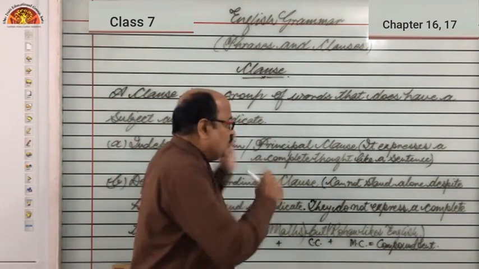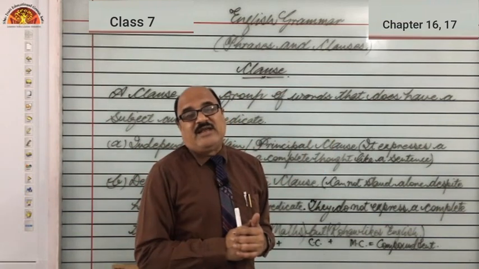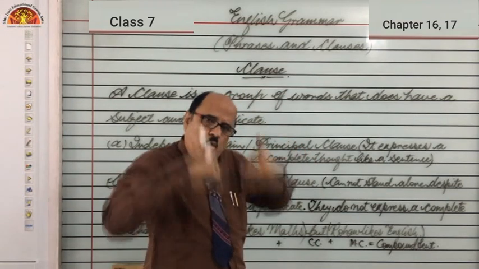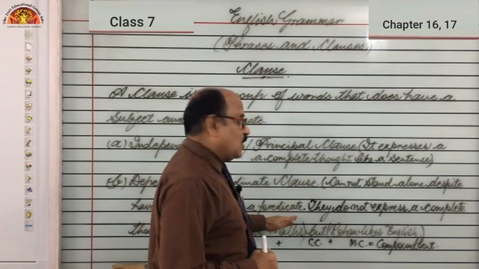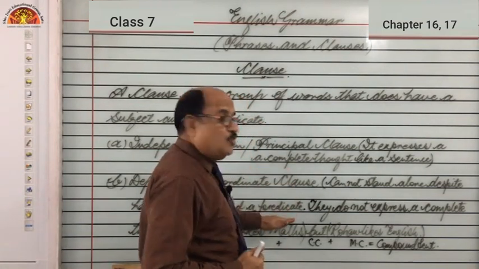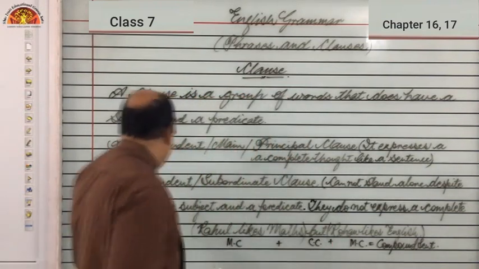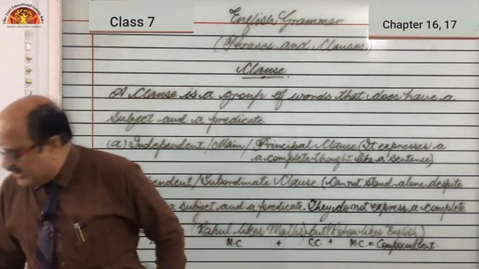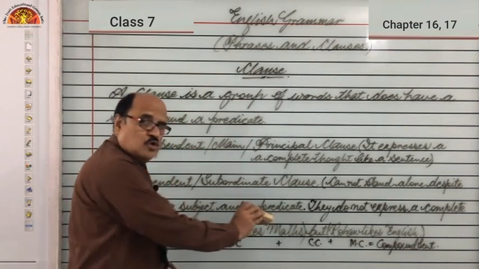No problem, they do have a subject and a predicate, but still they cannot stand alone because they cannot express the complete meaning of their own, right? So we may say they are dependent clauses, or we may say they are subordinate clauses, right students? So they do not express a complete thought. Got it students? So look here, this I am deleting.